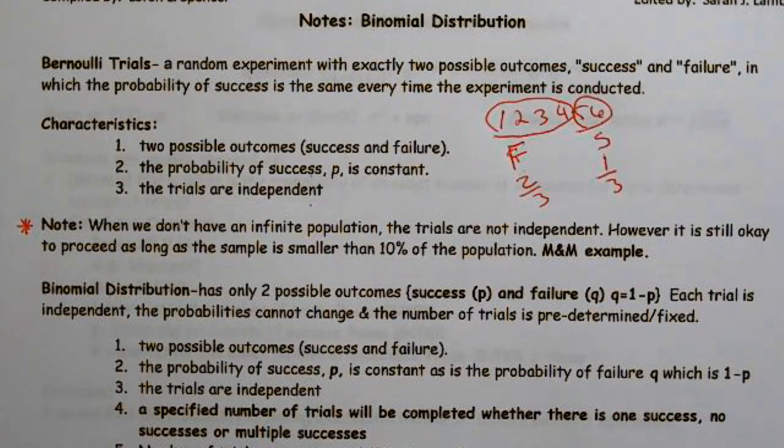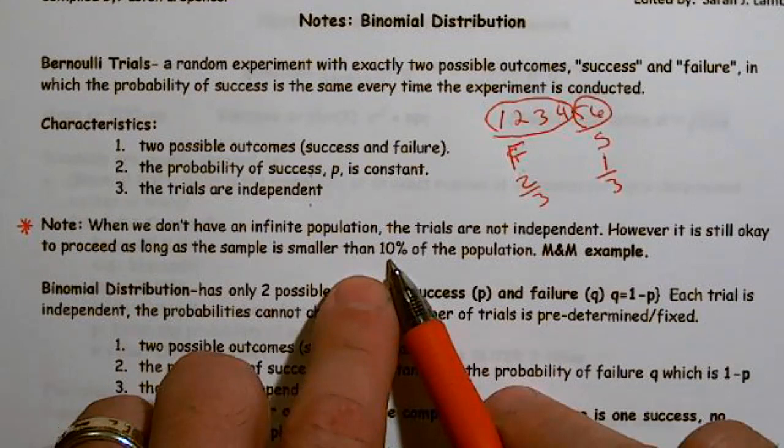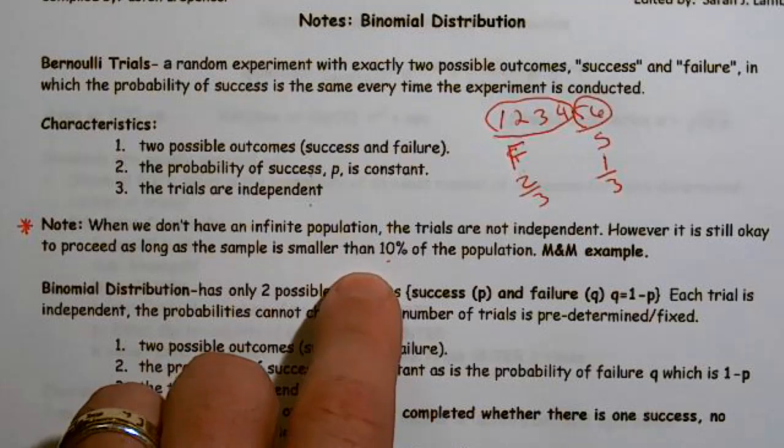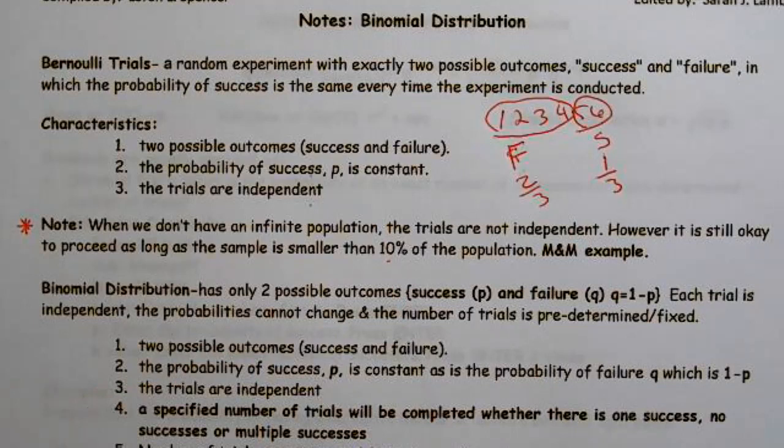But they change so slightly that we don't worry about it, and we say they're independent even though they're not. If our population is large enough and our sample is small enough, we don't worry too much about it. Basically, the sample needs to be less than 10% of the population, and it needs to be a large population. But we'll talk about how large the population has to be next semester. That is not part of this, but I just wanted to give you a heads up.